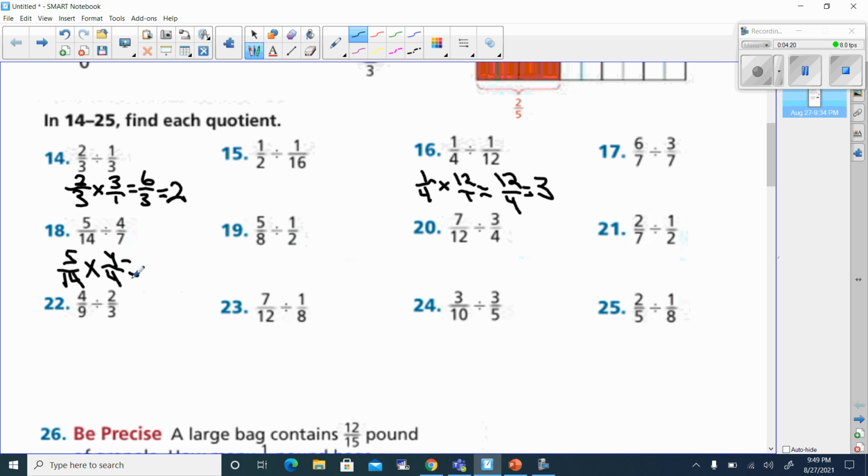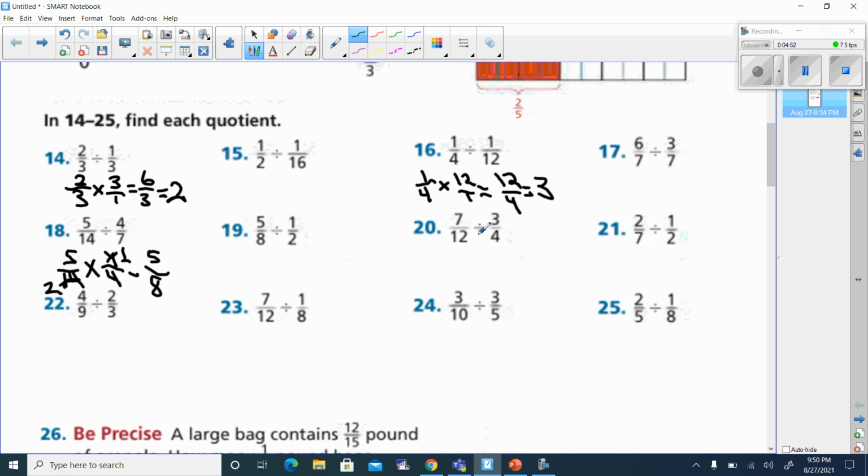I'm going to use the butterfly method here because I think it'll be easier. 7 and 14 are both divisible by 7. 7 goes into 14 2 times, so I'll cross out 14 and put 2. And 7 goes into 7 1 time, so I'll cross out 7 and put 1. And now I got 5 times 1, that's going to equal 5. And I got 2 times 4, and that's going to equal 8. And so my answer is 5/8.